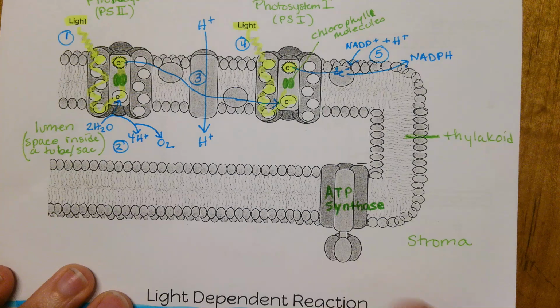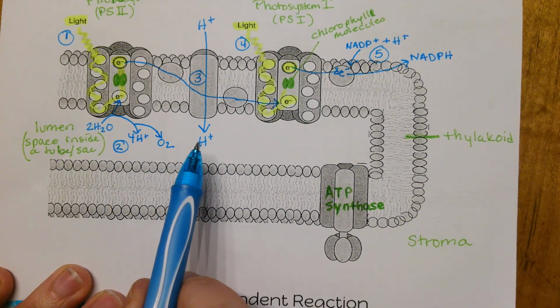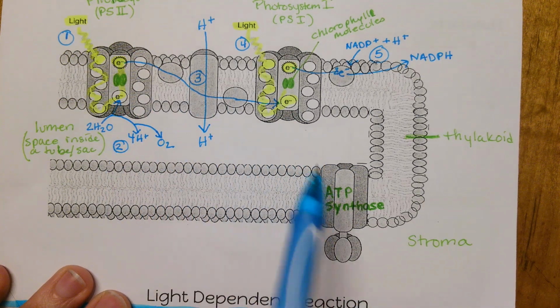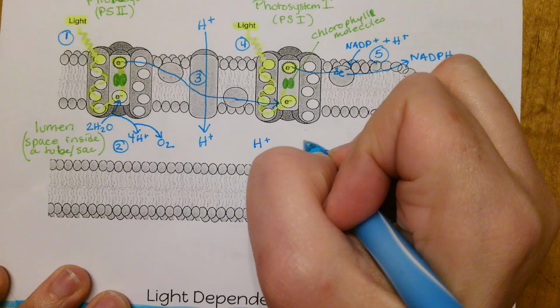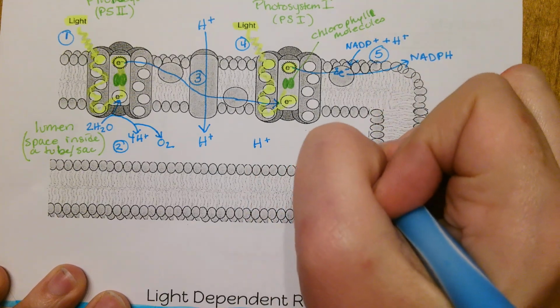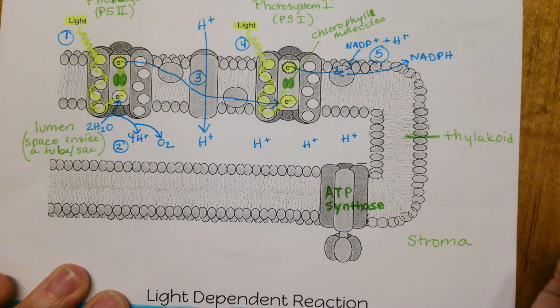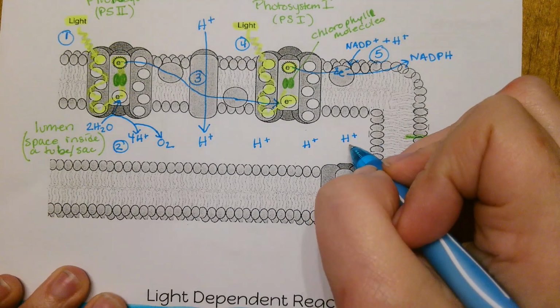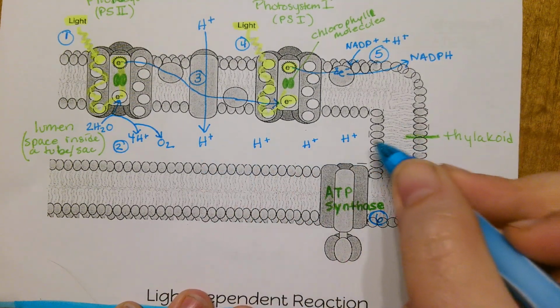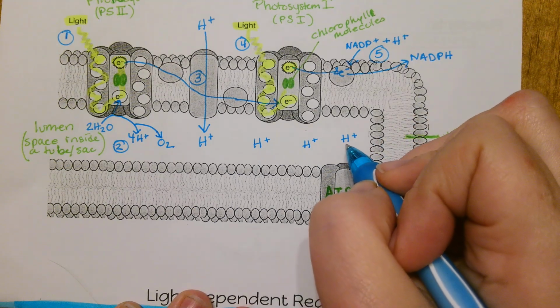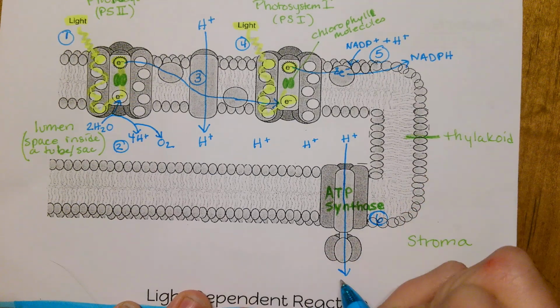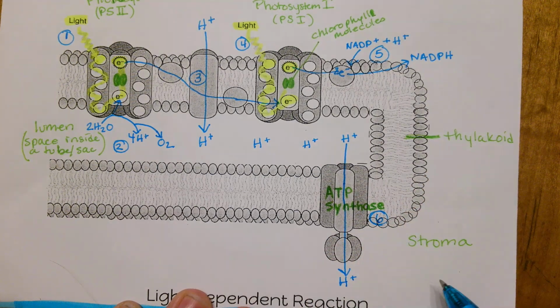And then our last guy, so we have the 4 hydrogens here. We have pumped another hydrogen in. This is happening repeatedly, so we have lots and lots and lots of hydrogen ions in our lumen. We don't like to have a buildup of hydrogen ions, so that's when we're going to have step 6. Okay, step 6, the ATP synthase is going to be activated by the buildup of hydrogen ions in the lumen, and it will pump those hydrogen ions back out into the stroma.